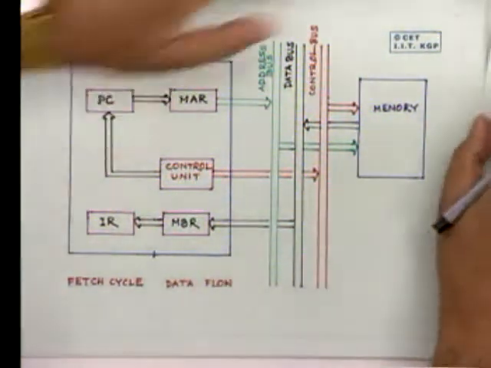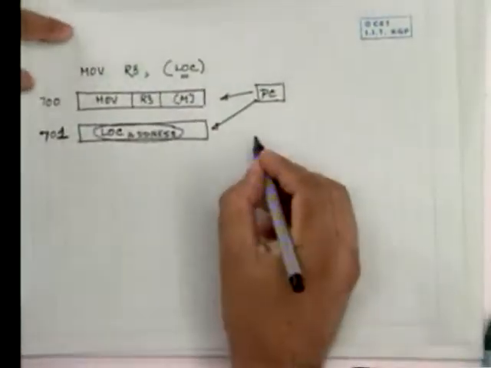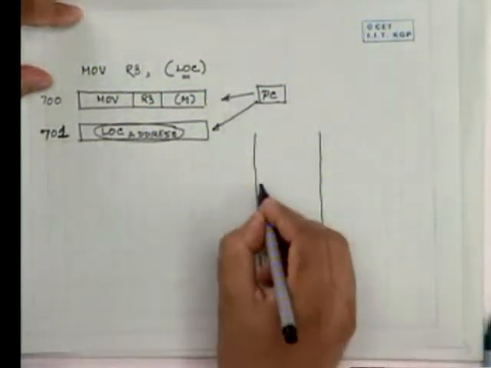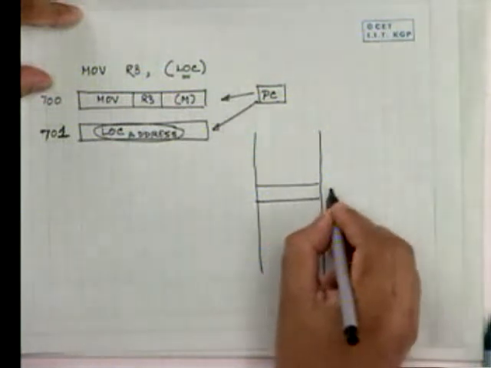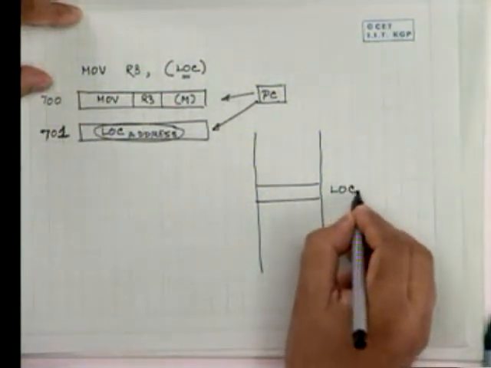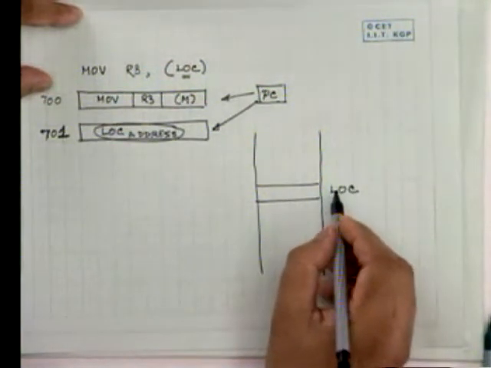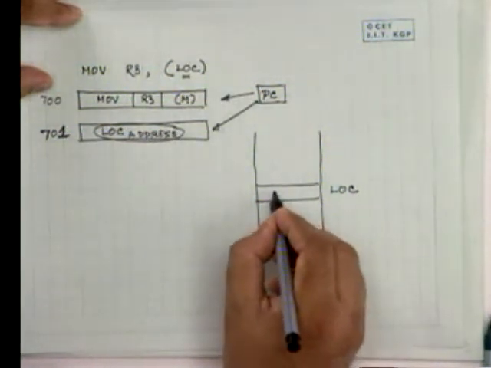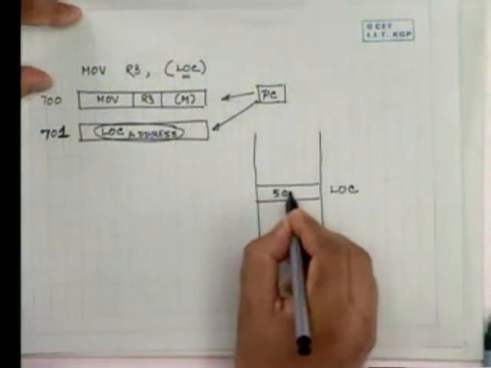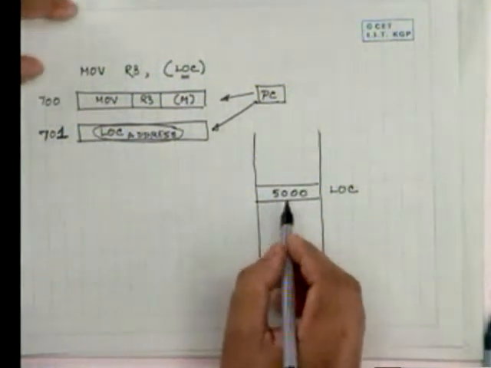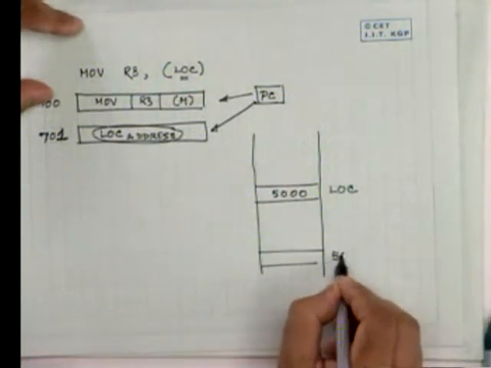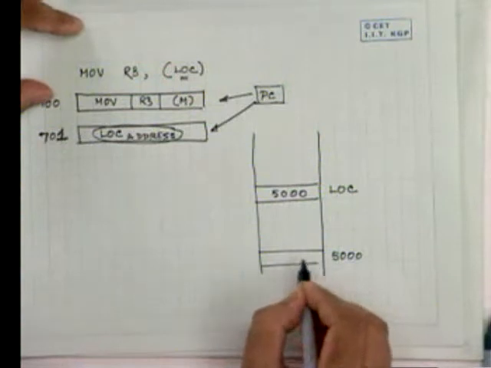Say this is lock. The address of lock is now in that MBR, and say this lock now contains, say, 5000. Therefore the actual address of the operand is 5000.